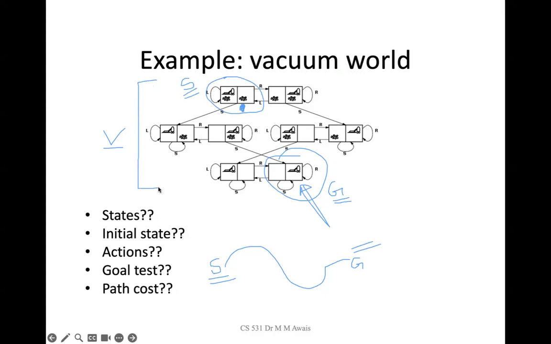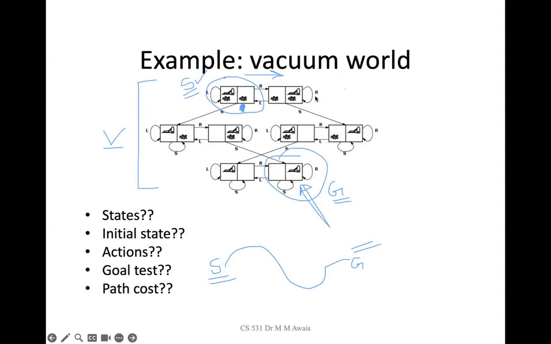So what would be that sequence of actions that you might take in order to reach your goal state if your start state is this? Let me give you one, and then you can think of many other ways of reaching your goal state. One possibility of moving from your start state to your goal state is that, from here you take this action, which takes you to this situation.